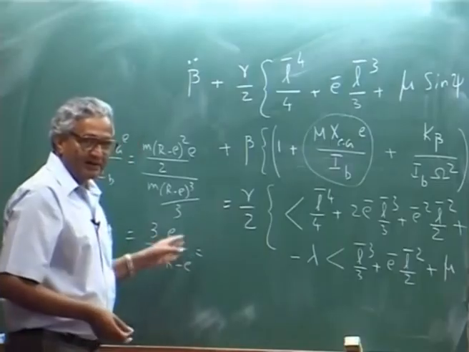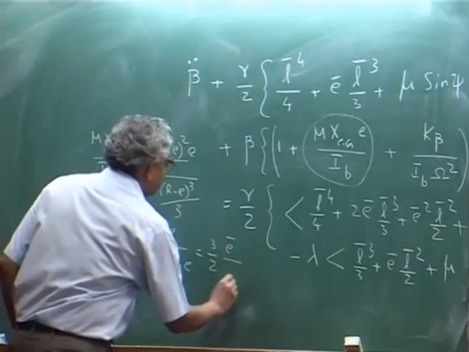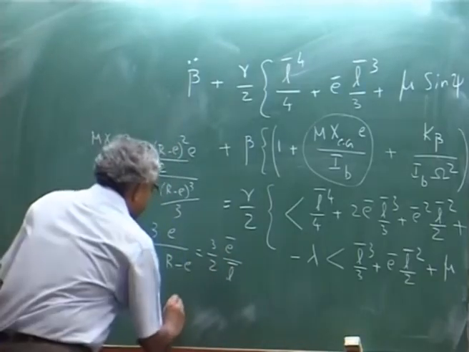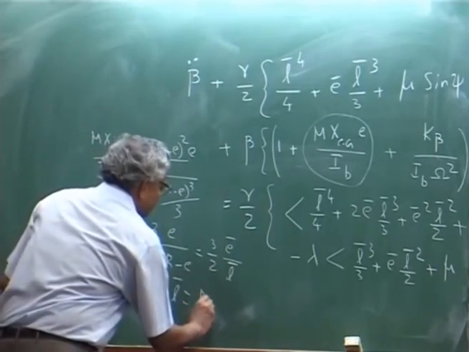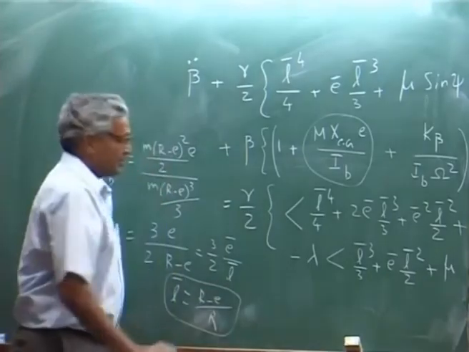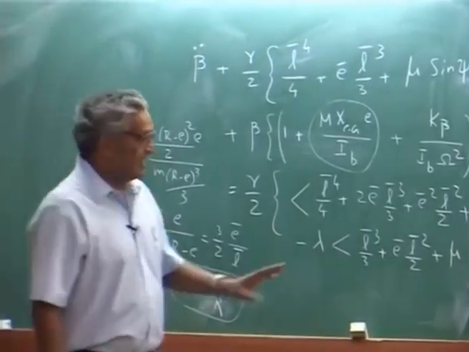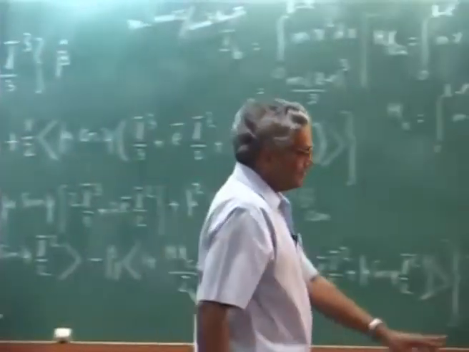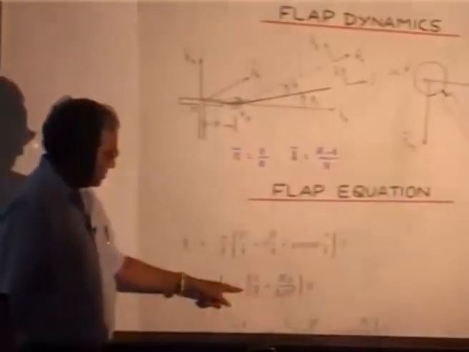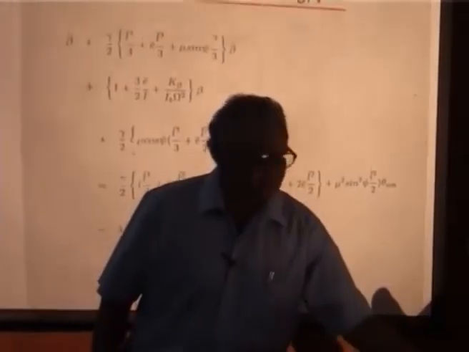If you divide by r everywhere, this will be 3 over 2 e bar over L bar, where L bar is r minus e over r. Okay. If m is constant, and that is what I have written here, 3 over 2 e bar by L bar. Okay. In this place, I have assumed that the blade is uniform.